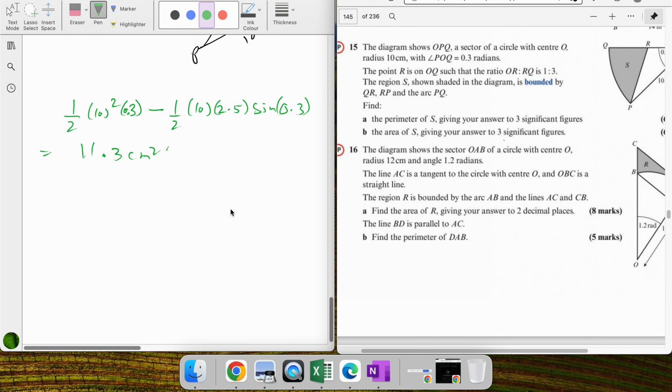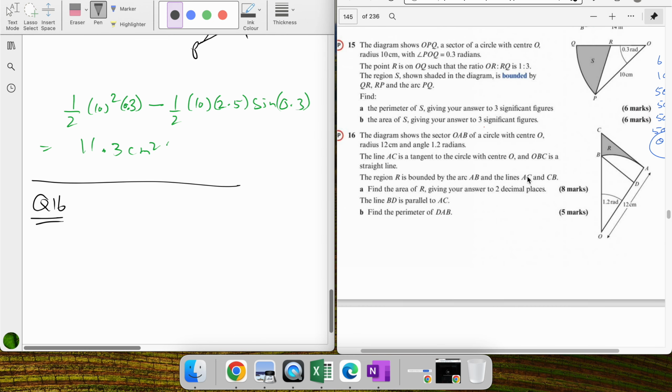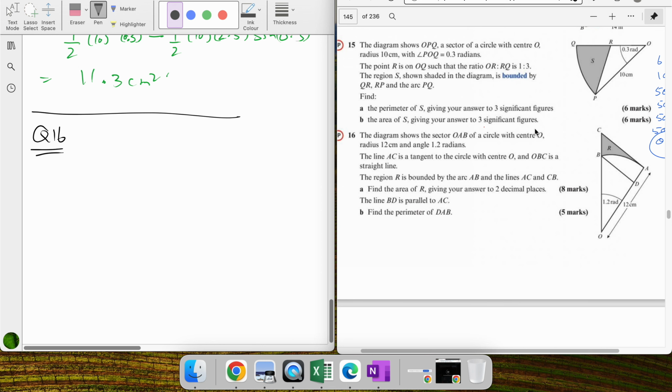Question 16. The diagram shows sector OAB of a circle with center O, radius 12 centimeters. Radius is given, angle 1.2 is given.